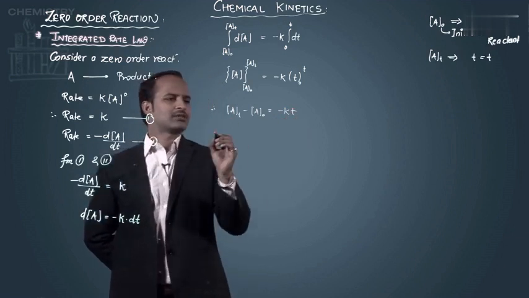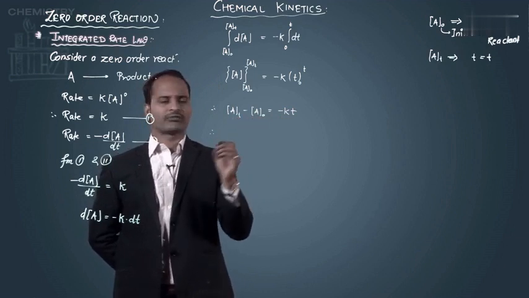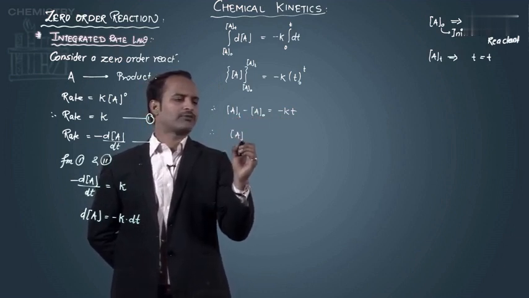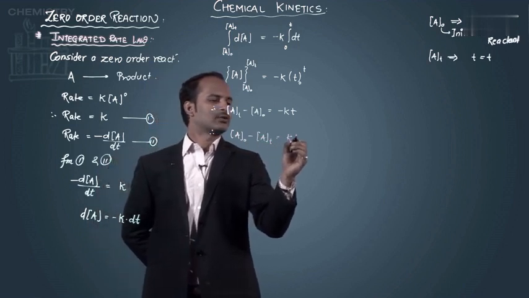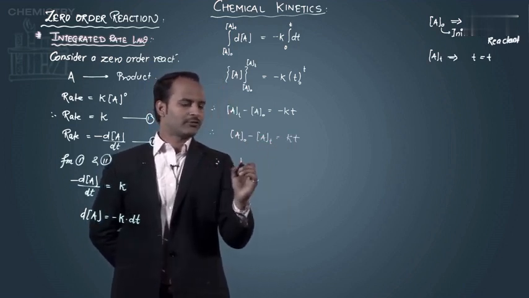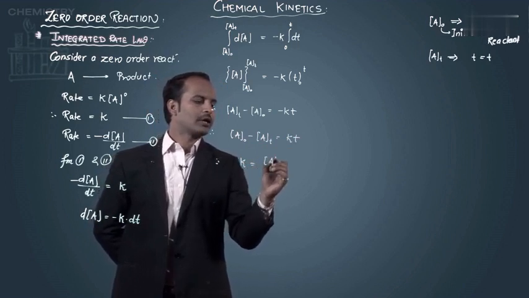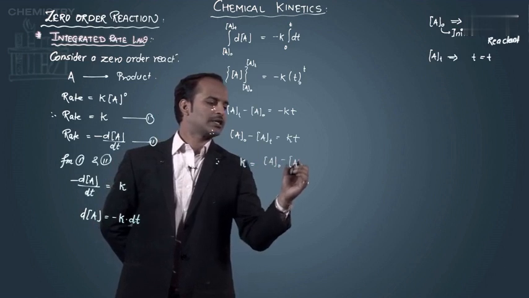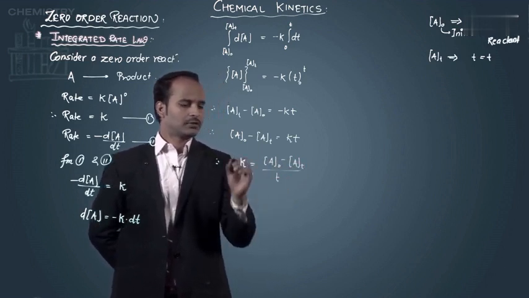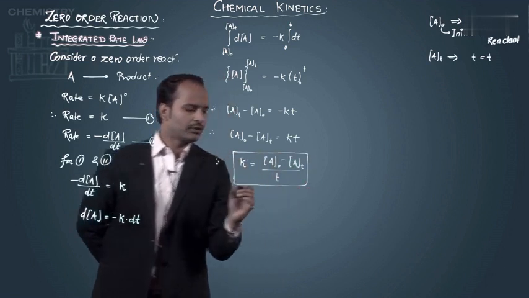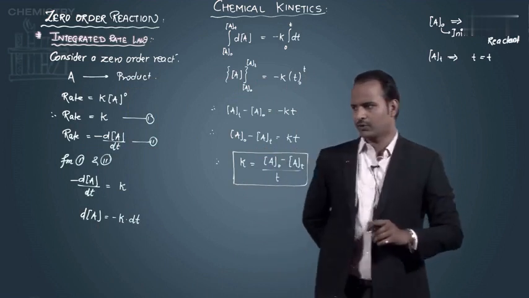Let us shift the minus sign to this side, so AT will become minus and A0 will become plus. So we will have A0 minus AT is equal to K into t. We are deriving a formula for K for a zero order reaction. So K is equal to A0 minus AT upon t. So we got this formula for a zero order reaction, that K is equal to A0 minus AT upon t.